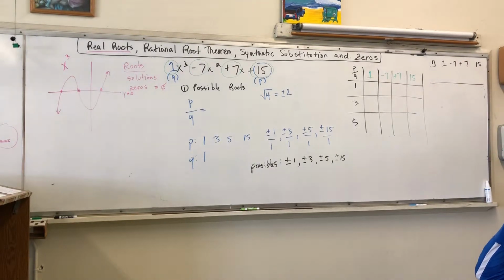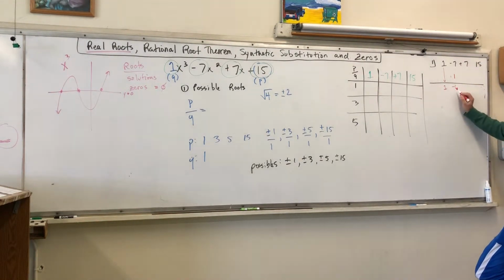So basically what happens is this 1 will drop to here. And then you do 1 times 1, which is 1. And you're basically evaluating this. You're simplifying this. -7 plus 1 is -6.